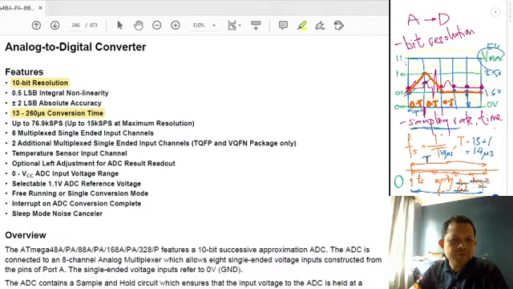So your sampling rate would be 71.428. The point here means kilo, so kilo samples per second.